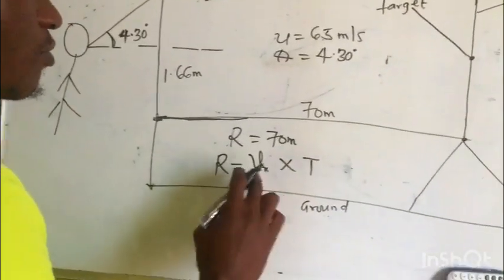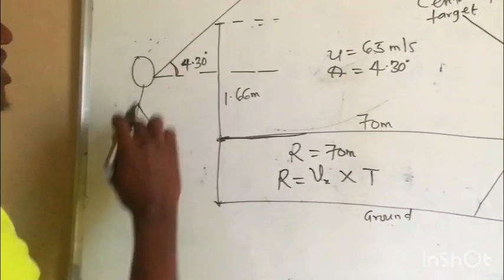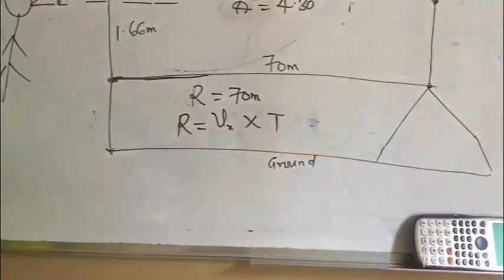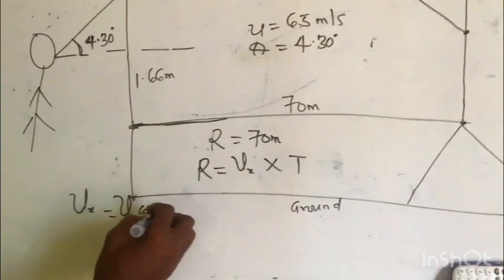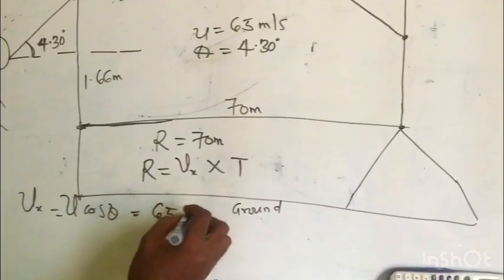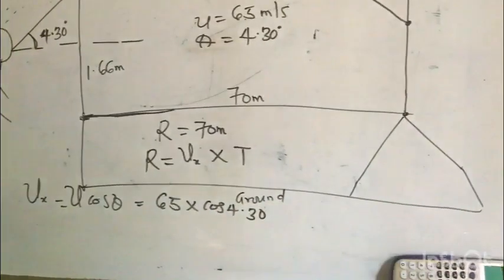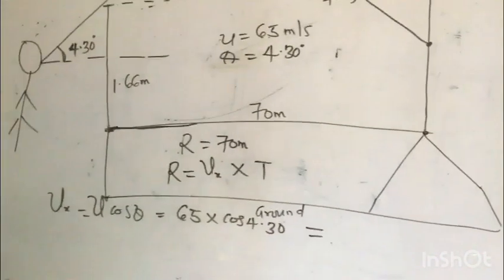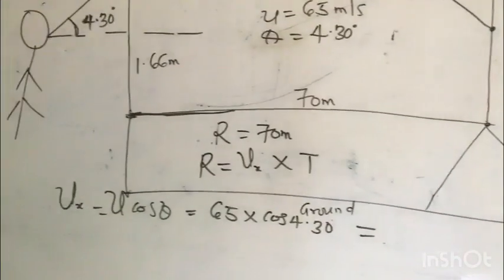The horizontal component of our velocity, ux, equals u cos theta, which is 65 times cos 4.30. If we punch that in our calculator, ux is 65 times cos 4.30.